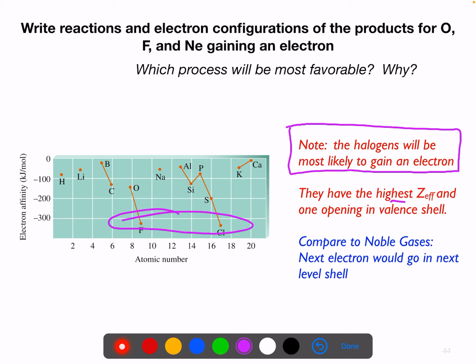Why is this? They have the highest Z effective of +7. The noble gases do have a Z effective of +8, but there's no empty spot for those electrons to go. So the easiest to gain electrons are going to be the halogens, group 17, and then group 16, and so on, because they have high Z effective and they have a spot for the electrons to go.